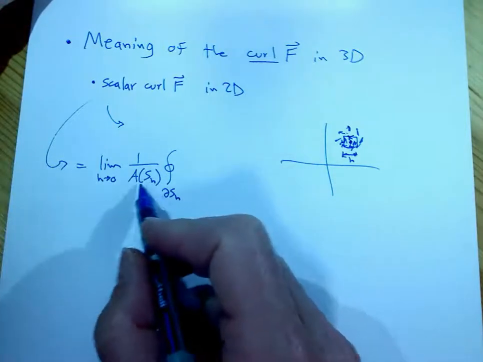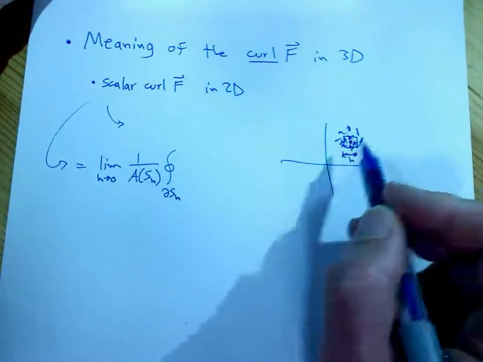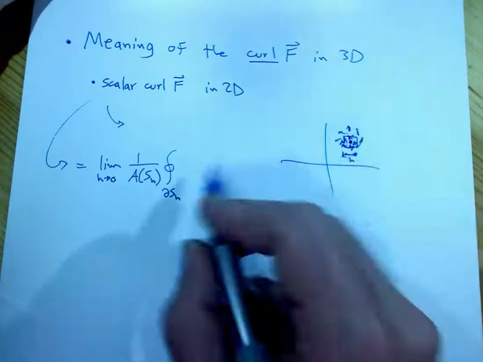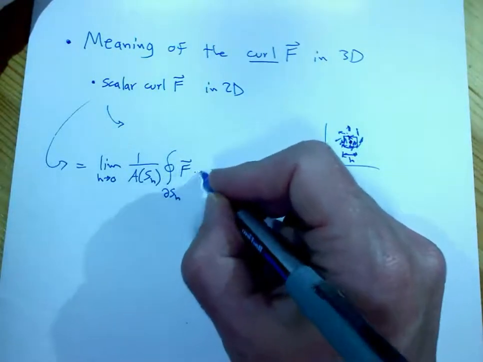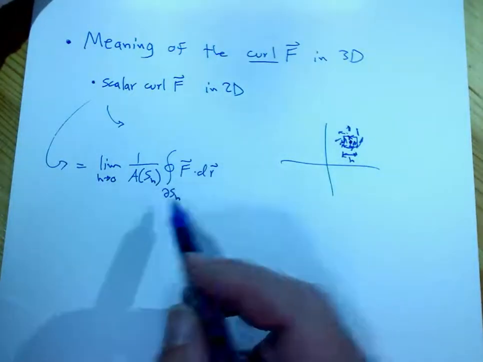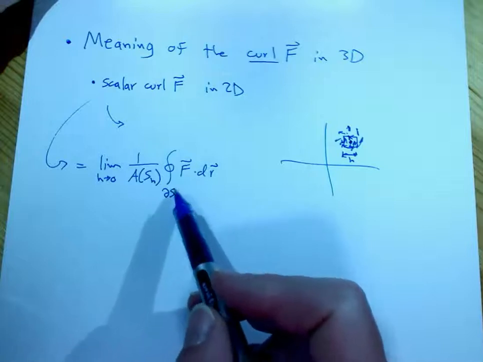So the square is the 2D object, and it has an area. The boundary is, of course, the curve that we could do a line integral on, a circulation on, f dot dr.